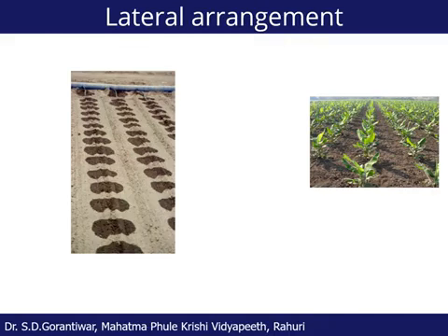Okay, but if the plant rows are closer to each other, just like vegetables and other things, we may consider one lateral for 2 rows of the crop, as I'm going to show you in the next slide.